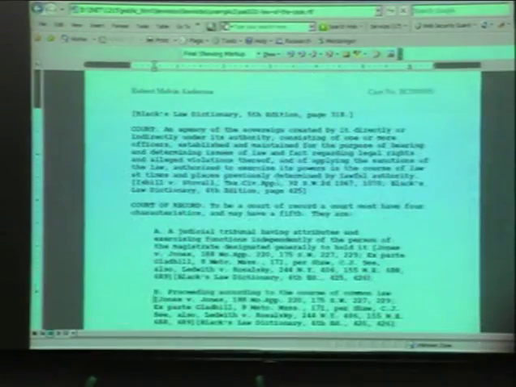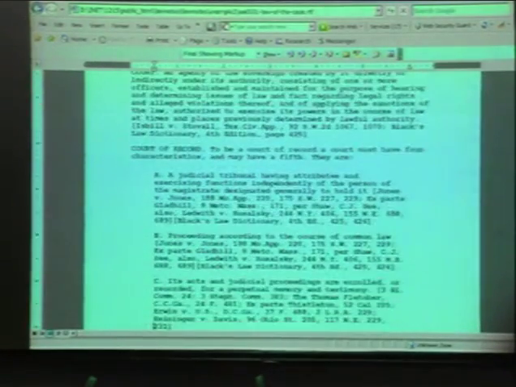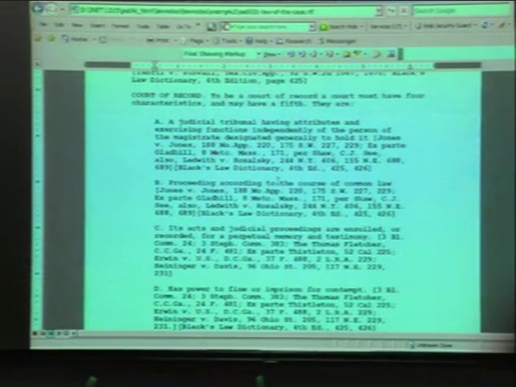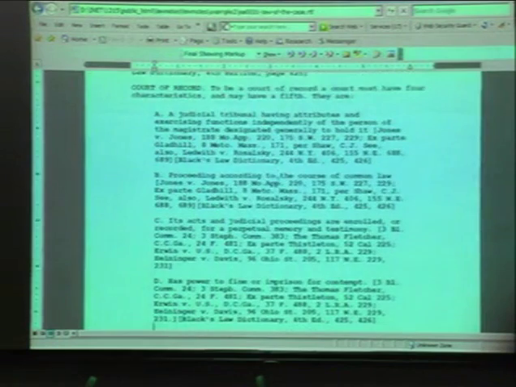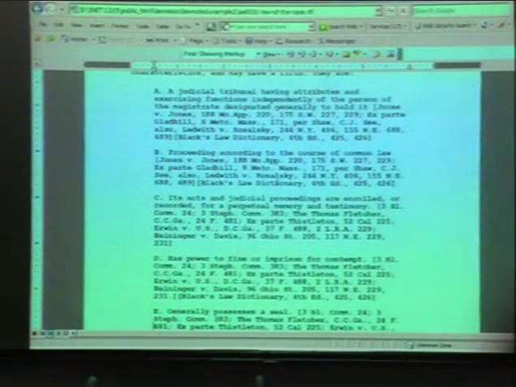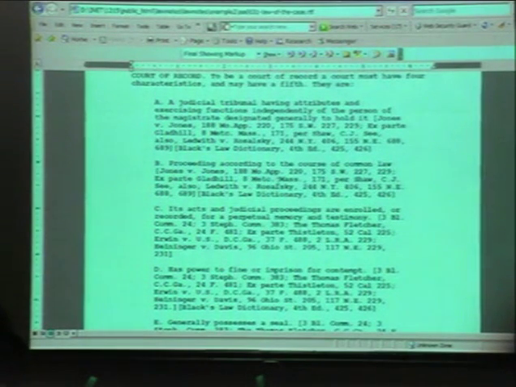We also define what a court of record is. Here's a court of record, and here are the prior case laws that apply to these things. I told you everything I put in here is backed up one way or another. To be a court of record, a court must have 4 characteristics and may have a 5th.